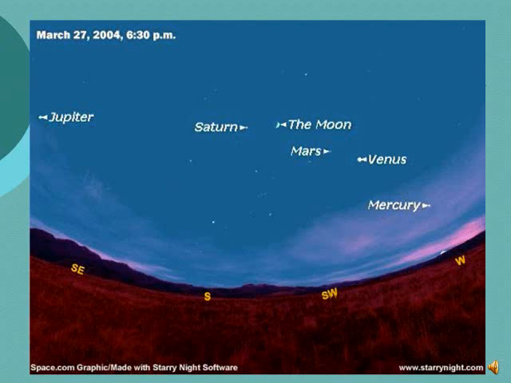Sometimes when they are in the orbital position that we would be able to see them, it's actually during the daytime, so our sun is brighter than all of the other bodies around us, and you can't actually see them during the daytime. But you can see Jupiter on the left-hand side, Saturn in the middle, close to our moon. Then you've got Mars, Venus, and Mercury.